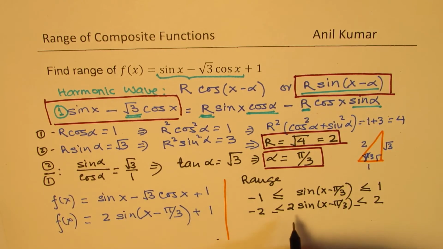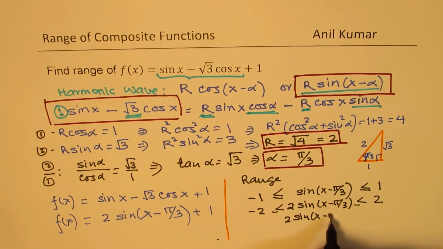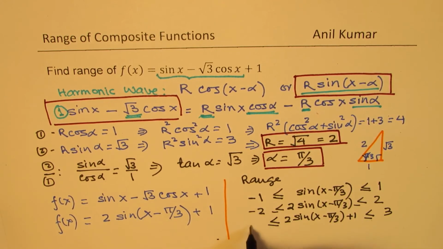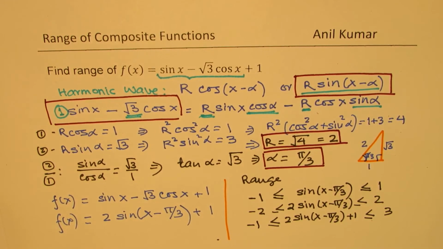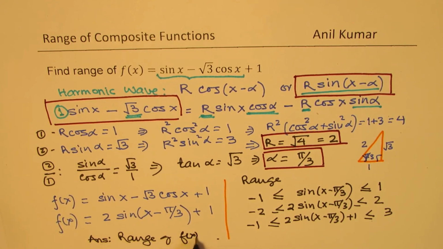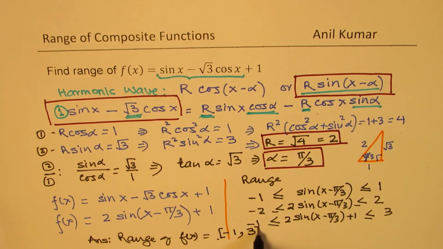And when we add 1 to it, which is 2 times sine of x minus pi by 3 plus 1, adding 1 will give us 3 here, adding 1 will give us minus 1. And therefore, we can write down our answer, and that is the range of f of x is from minus 1 to 3.